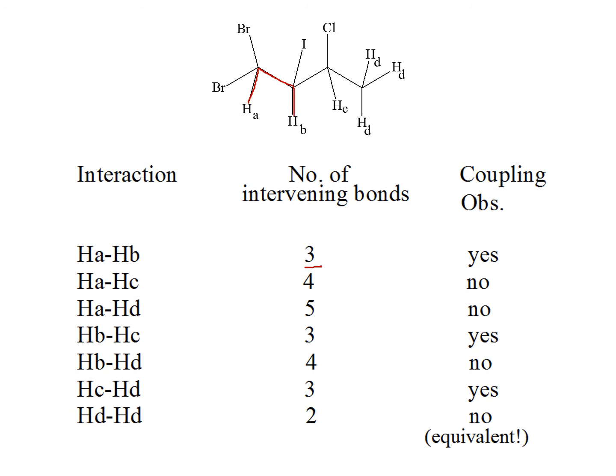The bonds between them are 3, so we are expecting coupling. A and C, 1, 2, 3, 4. A and C, the intervening bonds are 4. We are not expecting coupling.